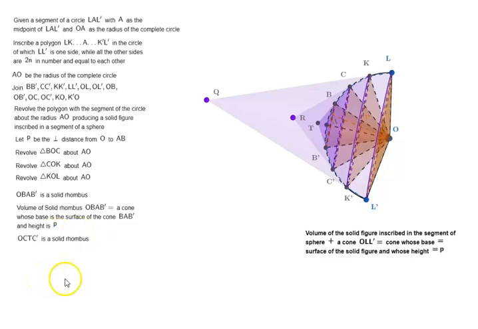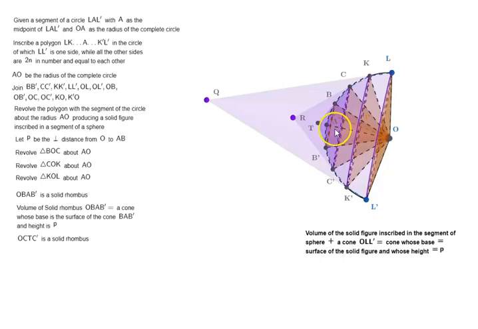We have another rhombus. OCTC prime is a solid rhombus. How did we get this? We extended CB and we extended C prime, B prime, and took T as the point of intersection of these two lines.